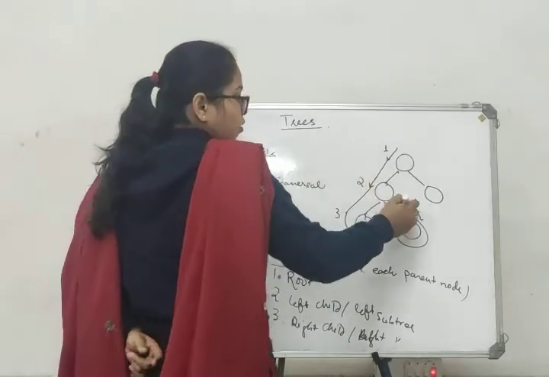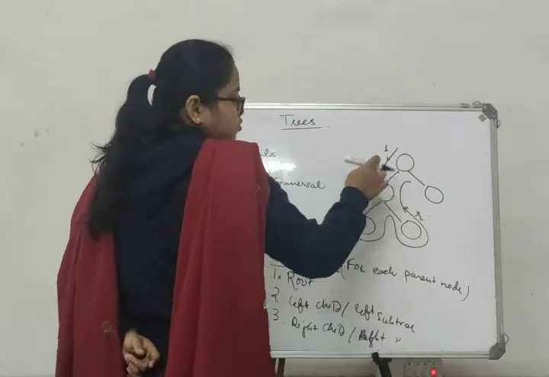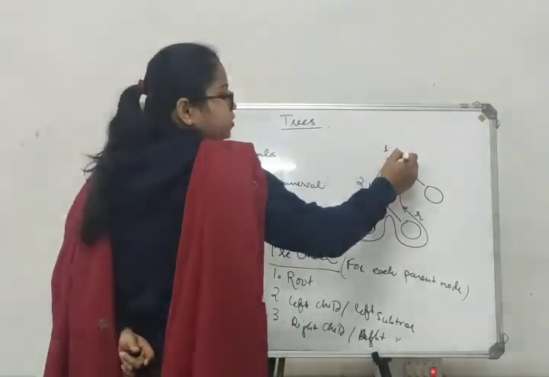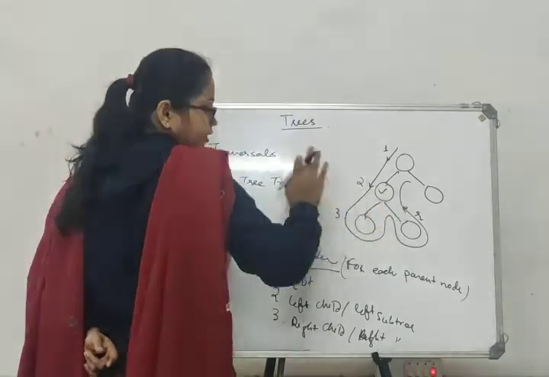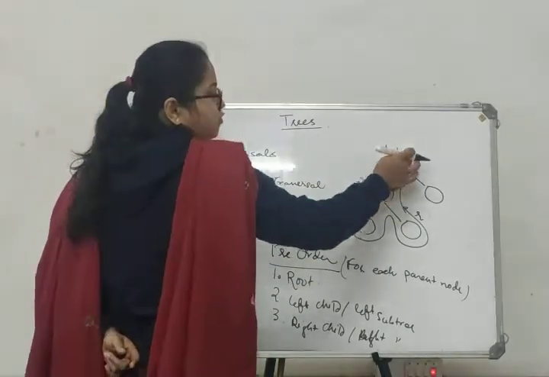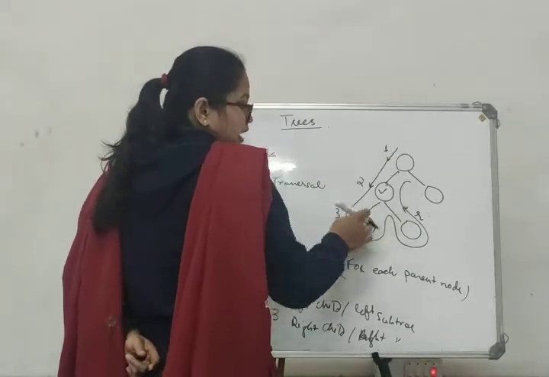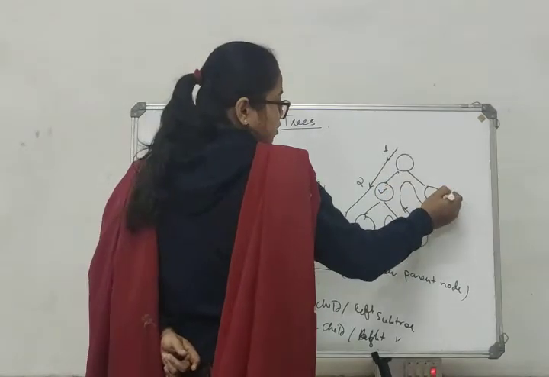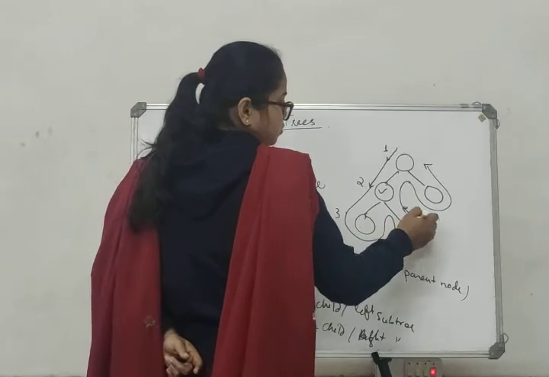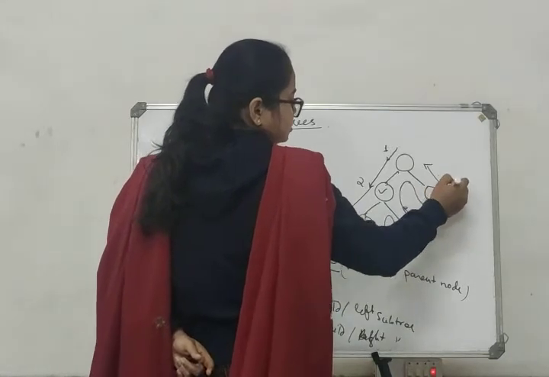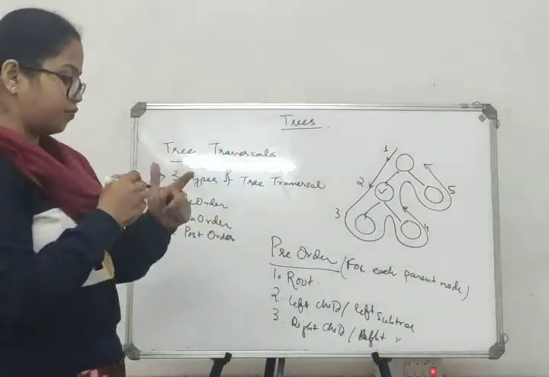Okay. Now we will come back. So for this root, the left child is done. Root visitation, left, right. Pre-order completed. For this root, left is done but right is not done. So for right, what we have to do? This is fourth, this is fifth. Okay. So this is how we visit the nodes.